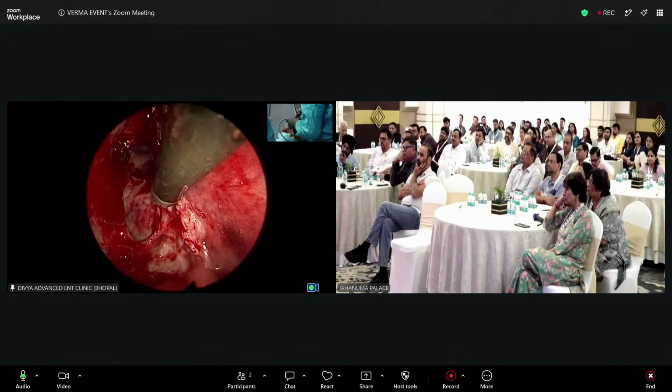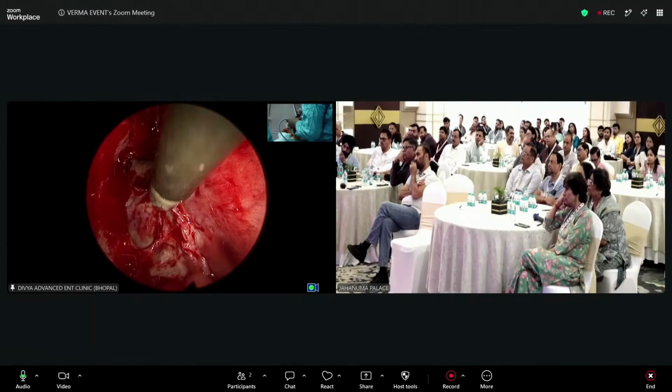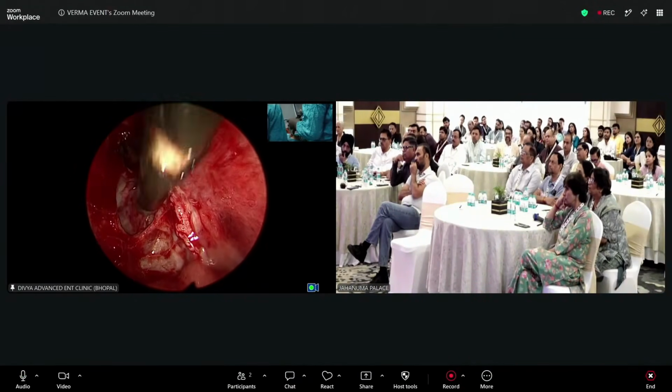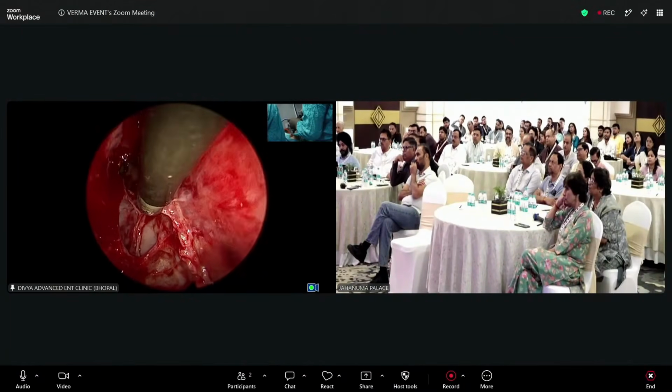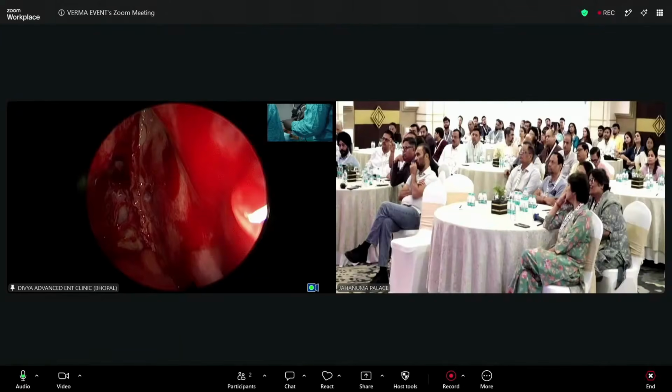See, there is a lot of mucosa in the region. So I will further prepare this, demucosalize, so that my seal can stay effectively on the raw area.